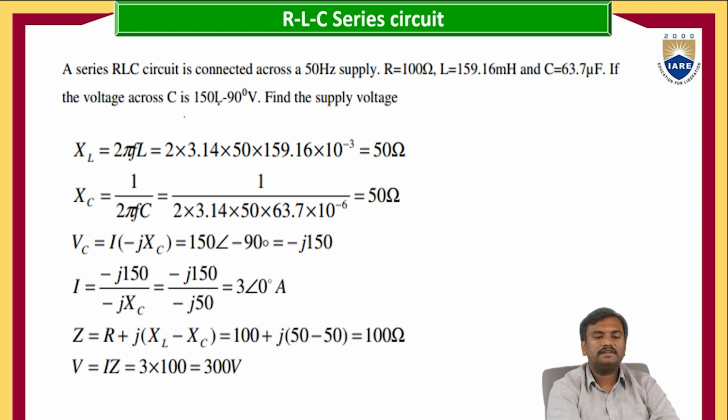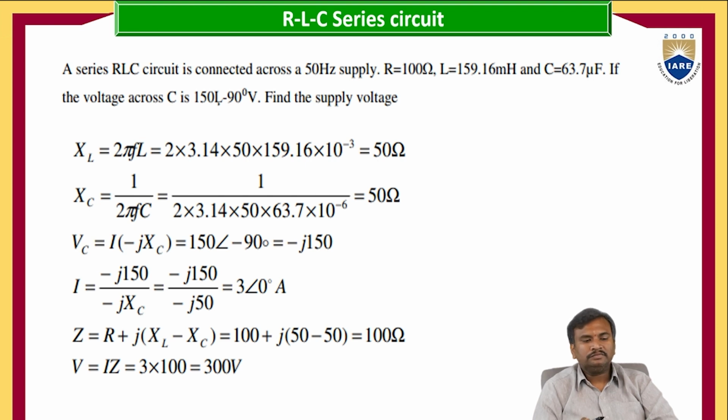If the voltage across the capacitor is 150 at an angle minus 90 degrees volts, find the supply voltage. So here, first, based on the given data, let us calculate the current. After getting the current, we can calculate the supply voltage by calculating the voltage across the resistance and the voltage across the inductance.